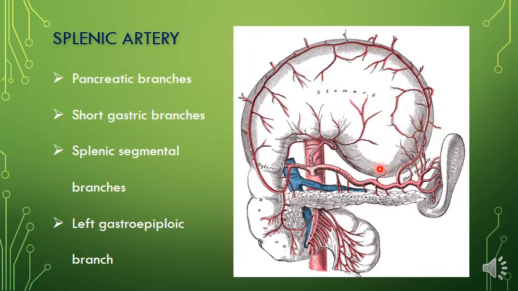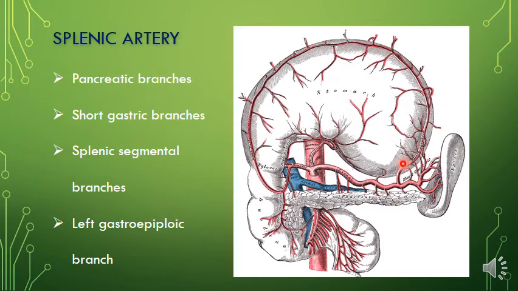Then the next one is the left gastroepiploic artery here, this one. This is derived from the terminal part of the splenic artery close to the hilum of the spleen, and passes downwards to the right between the gastrosplenic ligament and the anterior two layers of the greater omentum, and it runs along the greater curvature and provides branches to both surfaces of the stomach, and elongated epiploic or omental branches to the greater omentum.